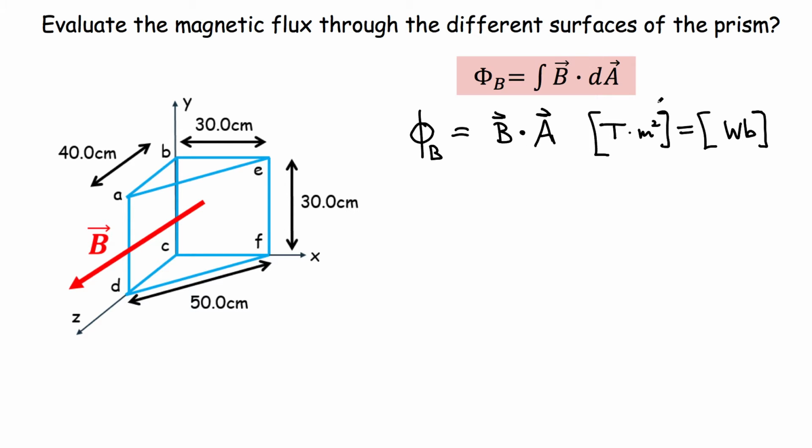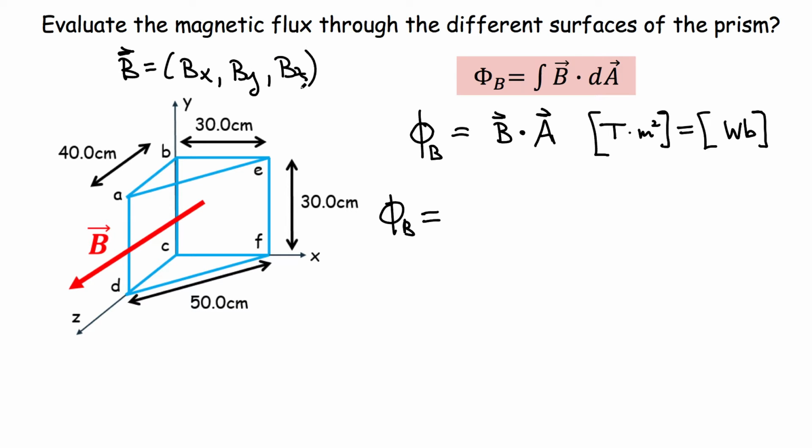To write down this scalar product between the two vectors, there are two ways of doing it, and we're going to do it for each case here. Method one is to use the components. Let's assume that our magnetic field B can be written in terms of three components: a Bx value, a y component, and a z component.